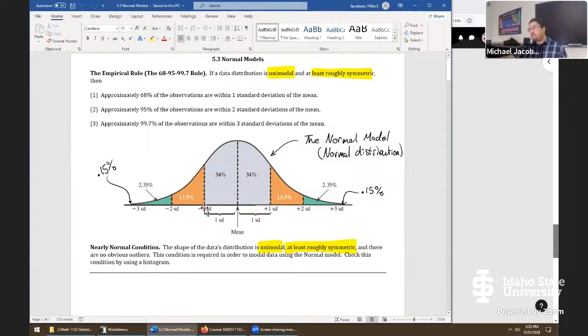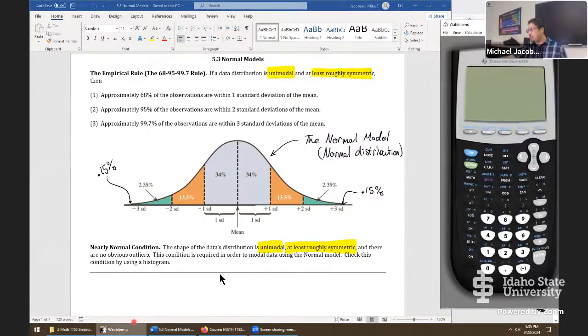And between -1 standard deviation and +1 standard deviation away from the mean, that's taking into account just about everybody. 68%, or roughly over 2/3 of your data set, is in this location. So using this information, as long as you have data that's unimodal and roughly symmetric, we can start modeling an entire population by this normal distribution.